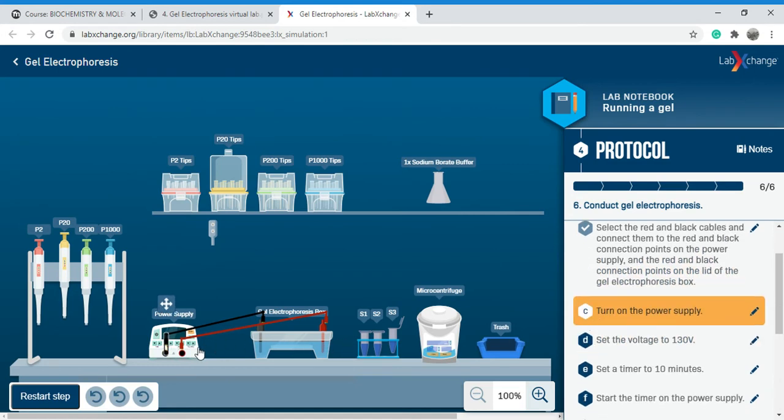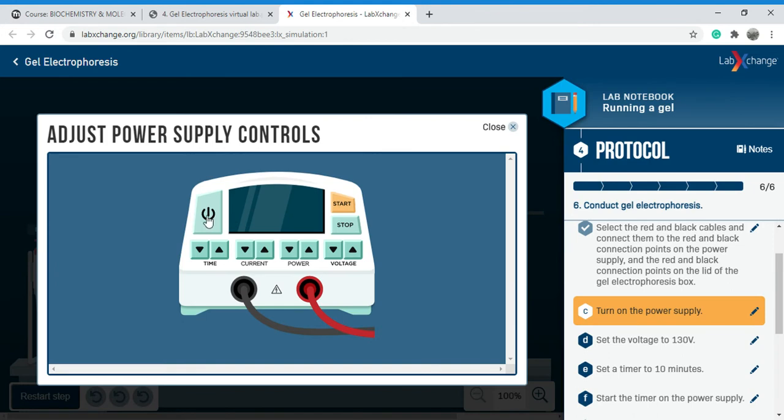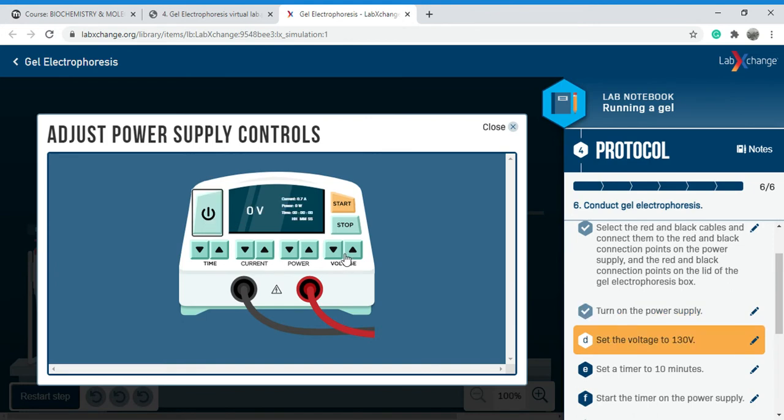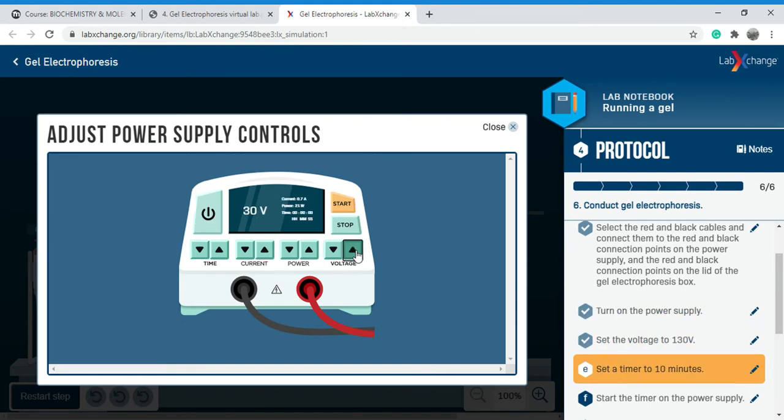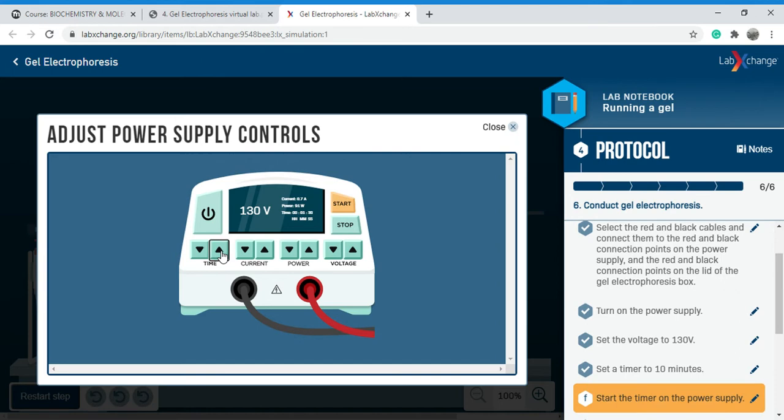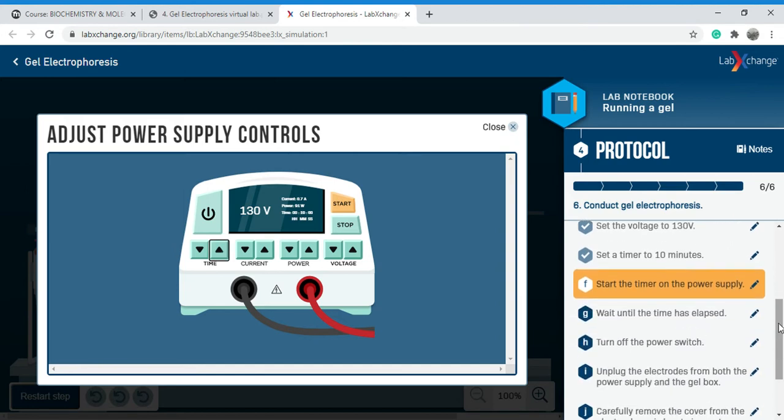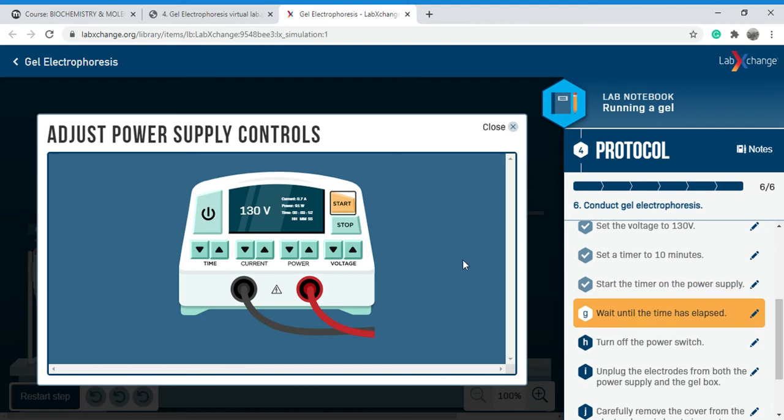Once that is connected, we turn on the power supply. We select the voltage to 130. Once that is done, we set the timer for 10 minutes. Okay, we started.